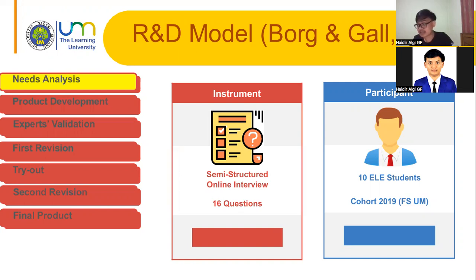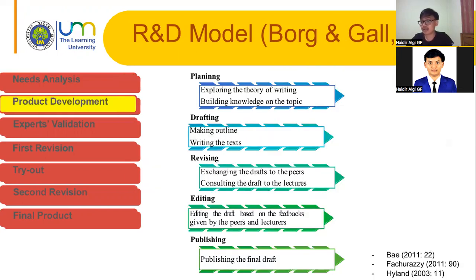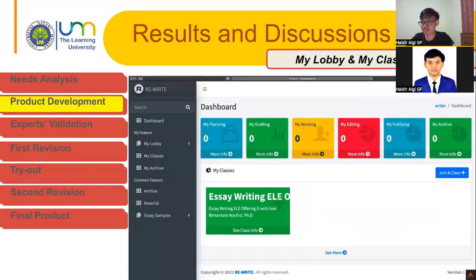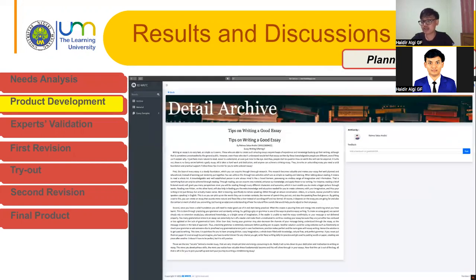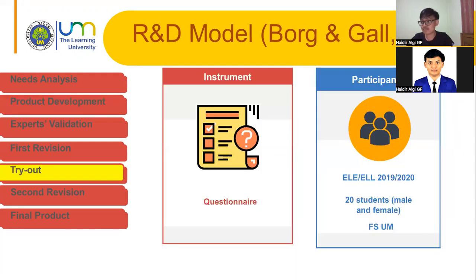And last but not least, about the questionnaires or survey for 20 target users for the tryout product. These questionnaires are actually adapted from Release 2021, because they also created and developed a similar product but for reading.